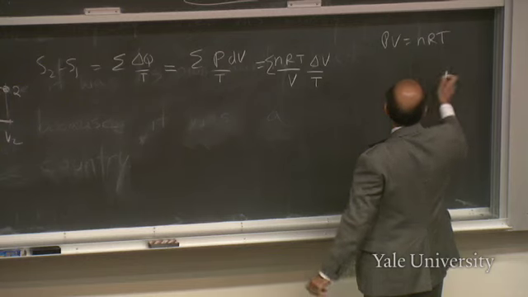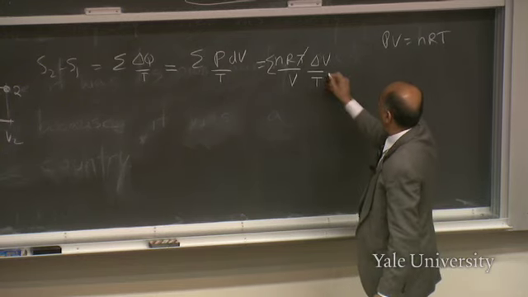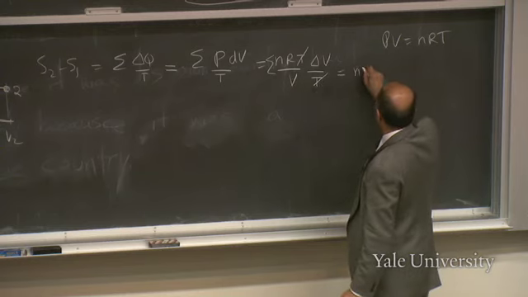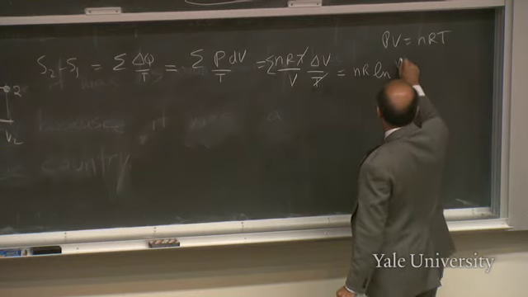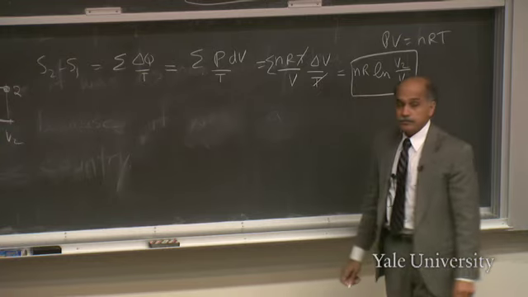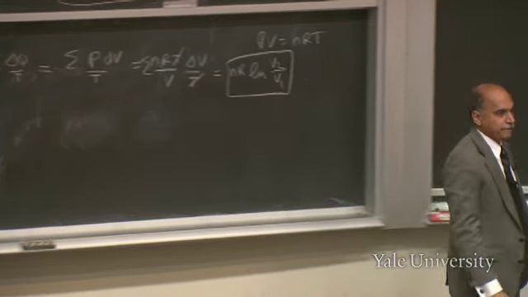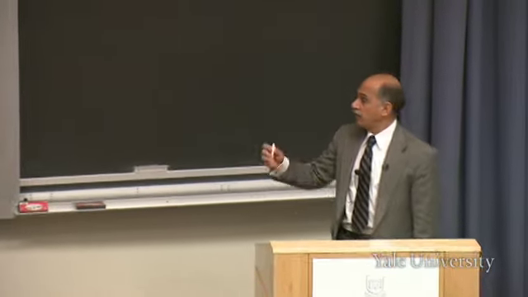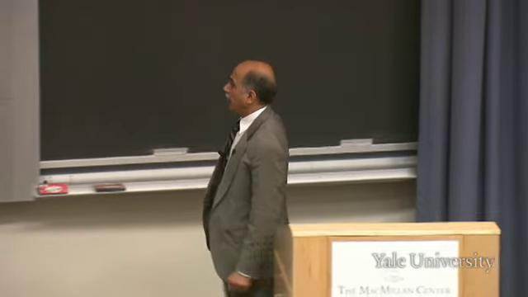So P over T is nR over V. Now dV over V, when you sum or integrate, will give you nR log V2 over V1. That is the change in entropy of this gas when it went from volume V1 to volume V2 at a given temperature.